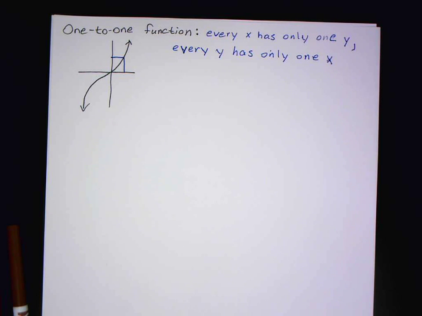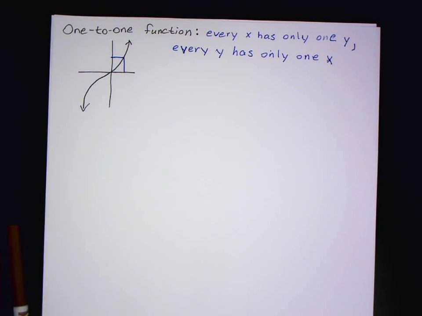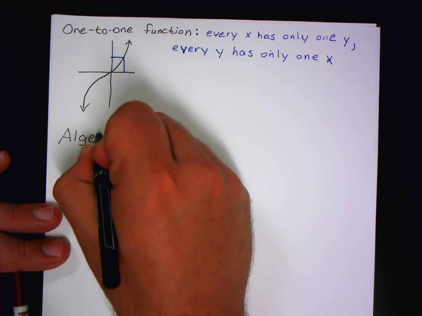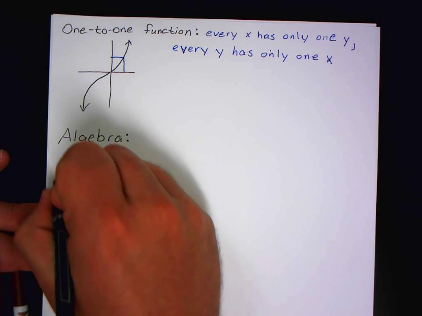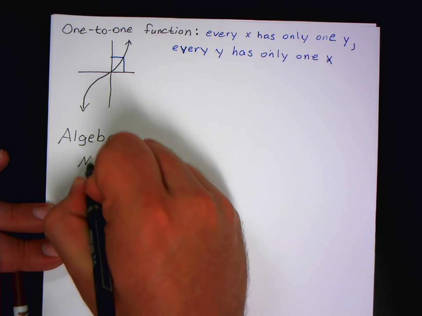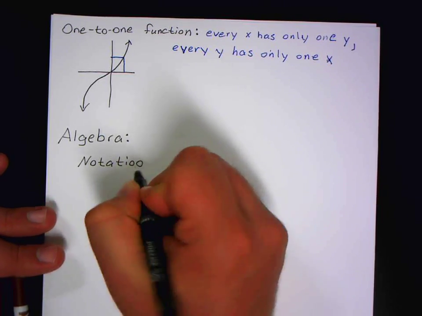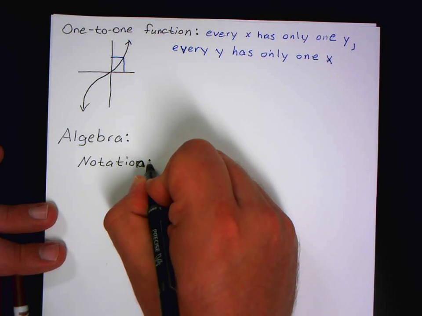Okay, so now the actual work. Because we've had all this, but you guys really haven't done any work. So before we do anything, you need to know what the function notation of this looks like.